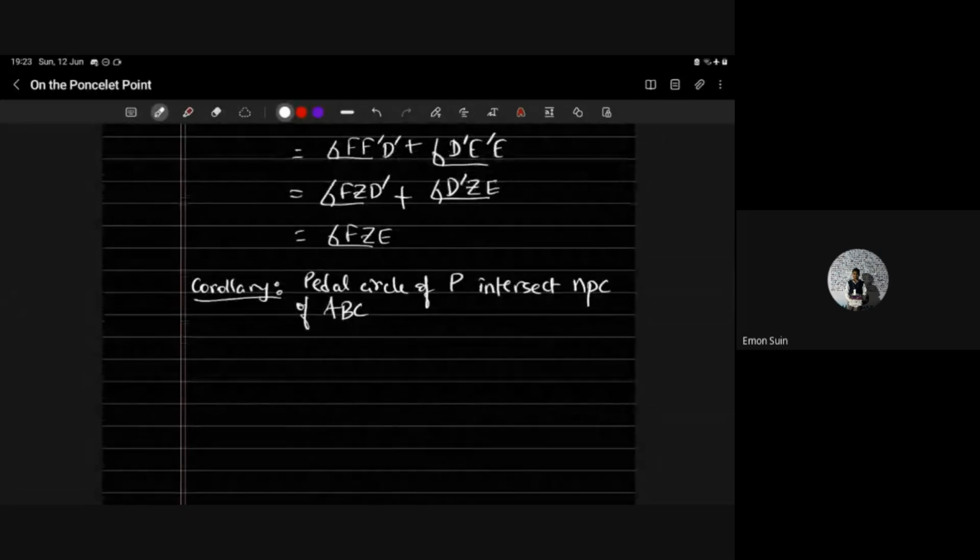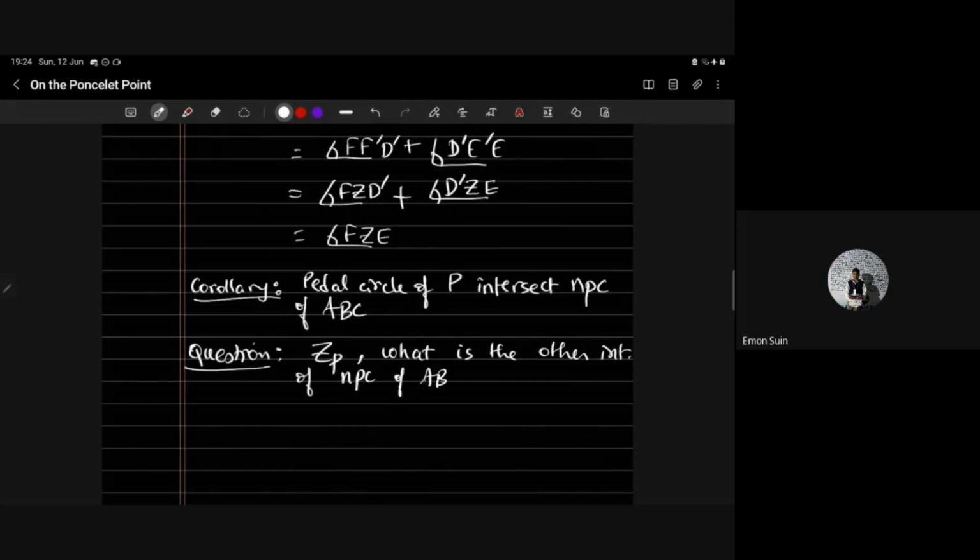So I'll ask you a question. Let Z_P be the first intersection, the Poncelet point of ABCP. What is the other intersection of the nine-point circle of ABC and the pedal circle?